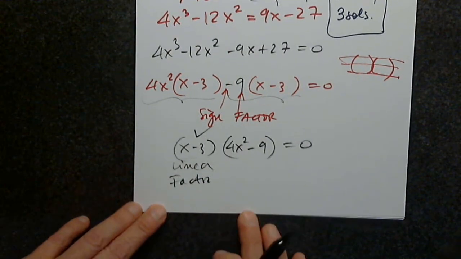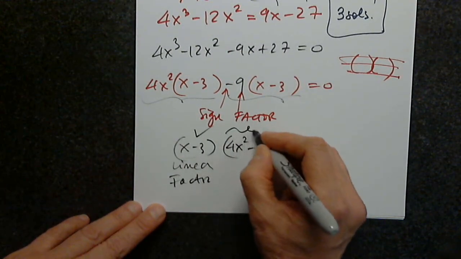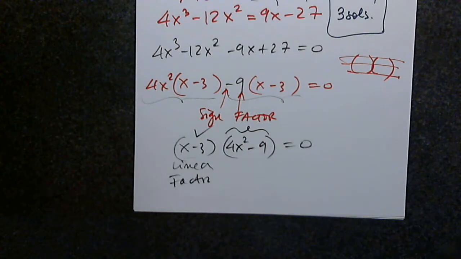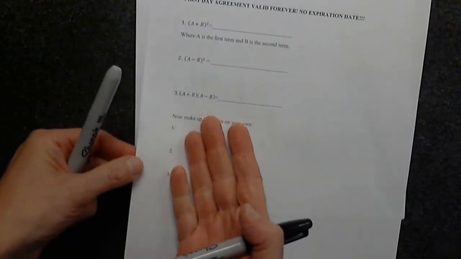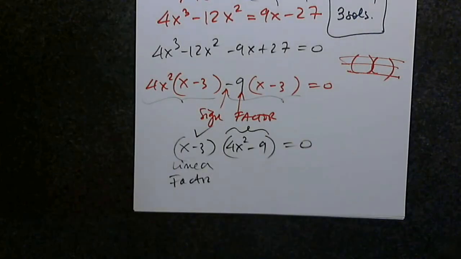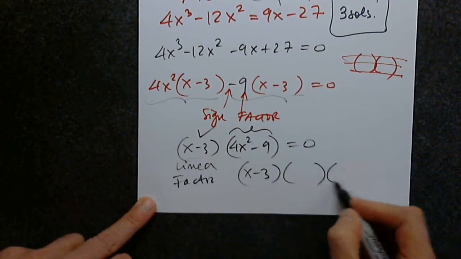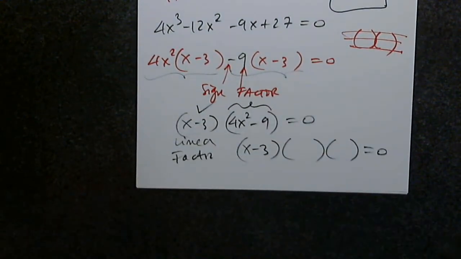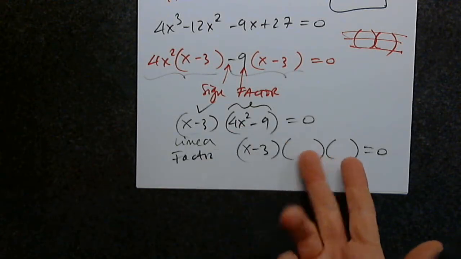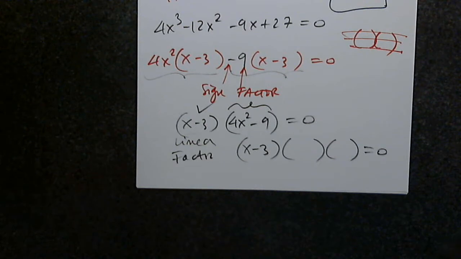It cannot be further factored. But this, I have a special product for it that we talked about from the very first day of classes. Difference of squares. Excellent. So then I continue factoring. I have to completely factor till there is nothing else that I can factor. Since it's a difference of squares, what do I have in here?